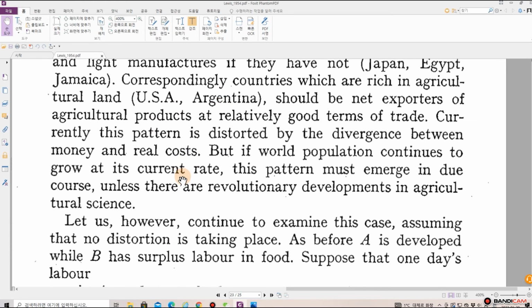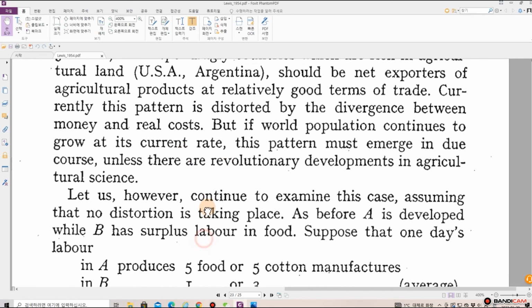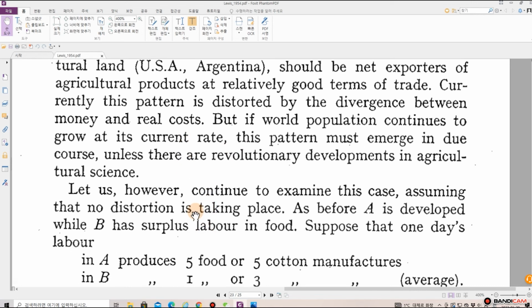Correspondingly, countries which are rich in agricultural land, United States and Argentina, should be net exporters of agricultural products at relatively good terms of trade. Currently, this pattern is distorted by the divergence between money and real costs.